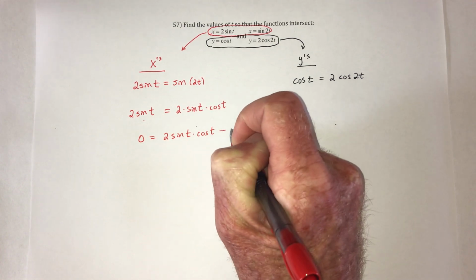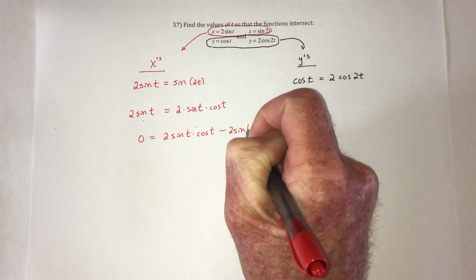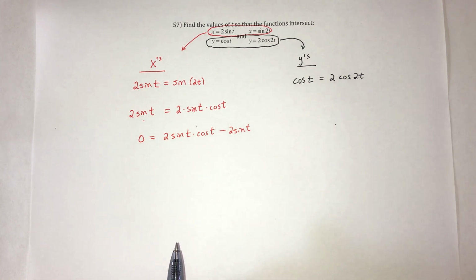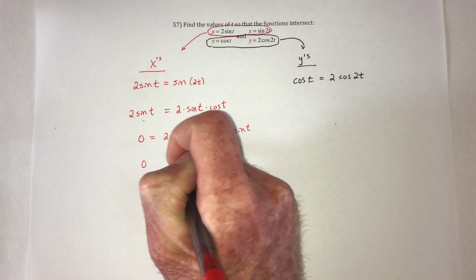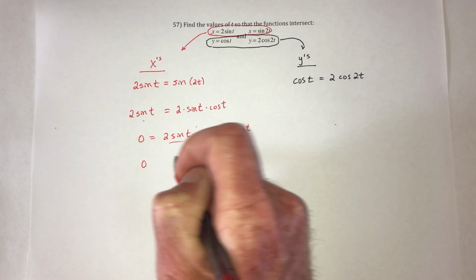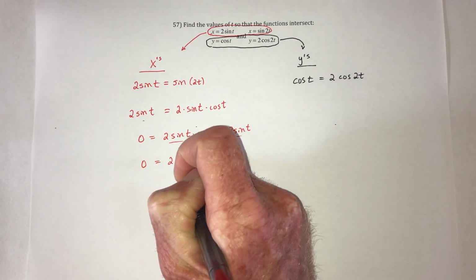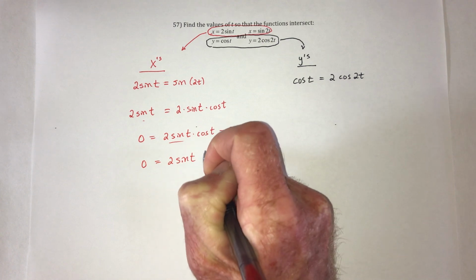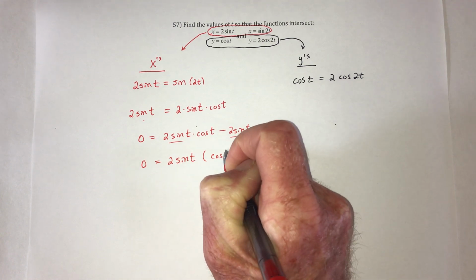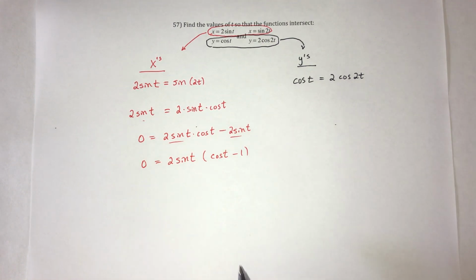So now it's going to be minus 2 sine t. And then this has 2 sine t and this has 2 sine t, so you could factor out 2 sine t. And it would leave cosine of t minus 1.